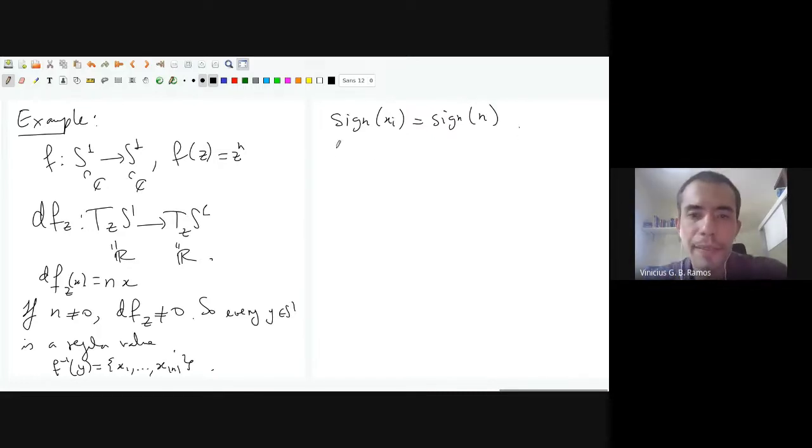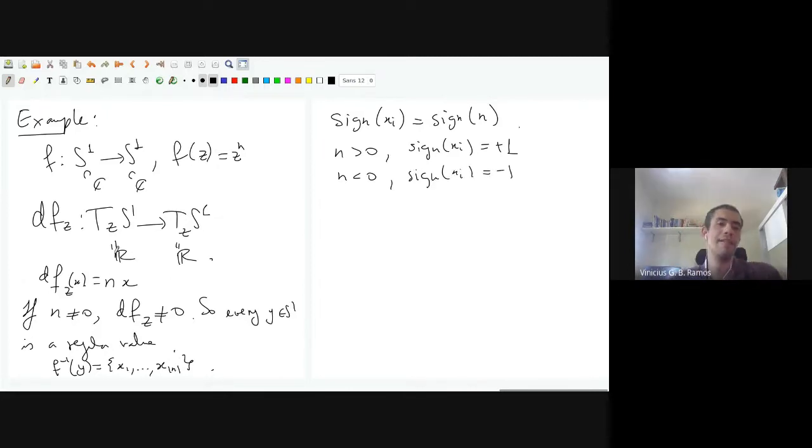If n is bigger than 0, then the sign of x_i is +1, and if n is less than 0, then the sign of x_i is -1. It's not so hard to see here: with this identification, df is just multiplication by n. So if n is positive, multiplication by n is an isomorphism of R that preserves the orientation. If n is negative, it changes the orientation. So these are the signs.